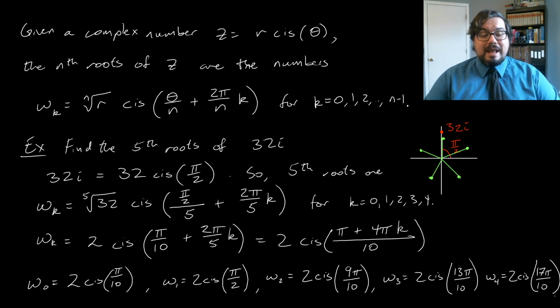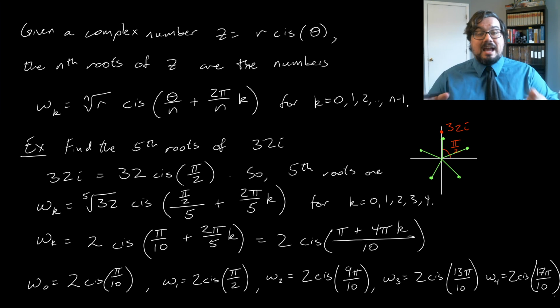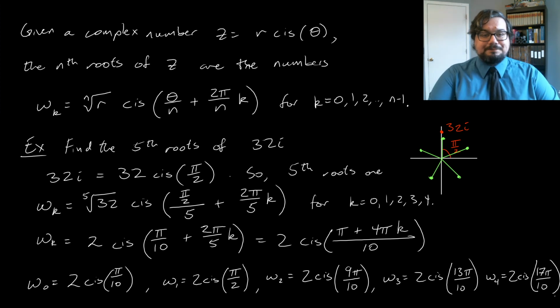Now, you can also convert these trigonometric forms into rectangular forms in our standard way. Just write it out as 2 times cosine of, say, 9 pi over 10 plus 2 times sine of 9 pi over 10 times i. And you can put that in a calculator to approximate it, or if you have angles that you can substitute those values in as well.